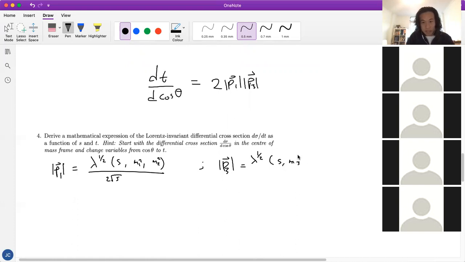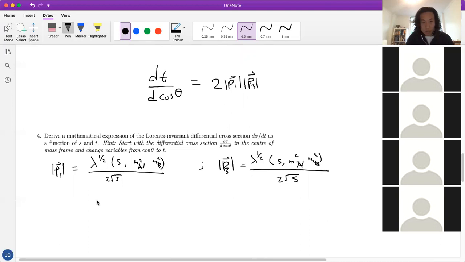So it looks exactly the same, except you get m3 squared and m4 squared, divided by 2 root s. But in this case, m1 squared, m2 squared is the same as m3 squared, m4 squared. So this would just be A and B, and the same here, so these two are the same thing.